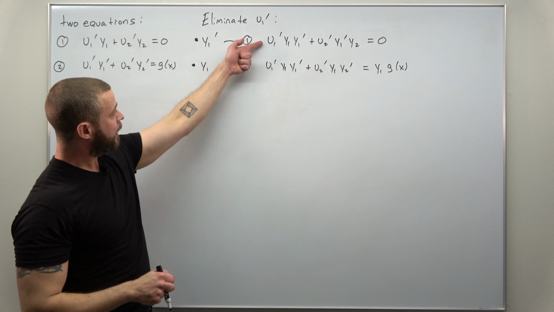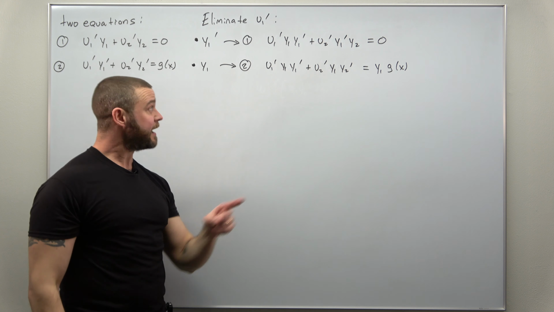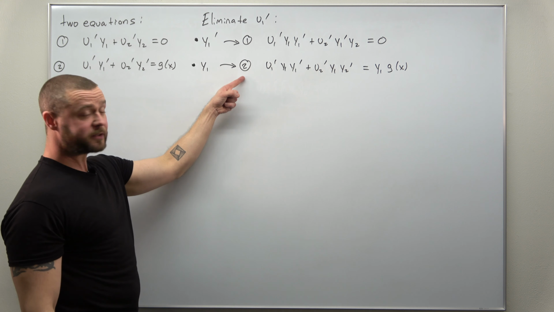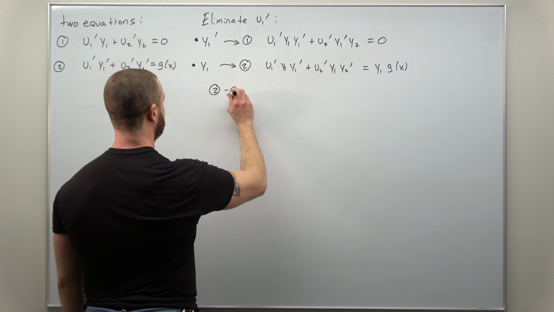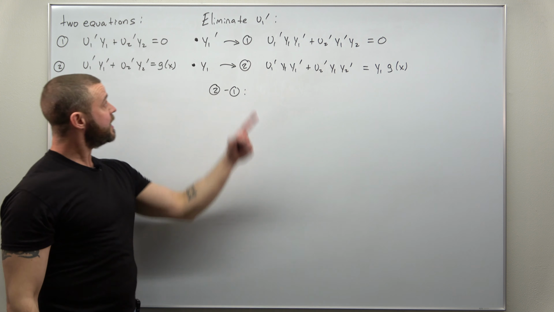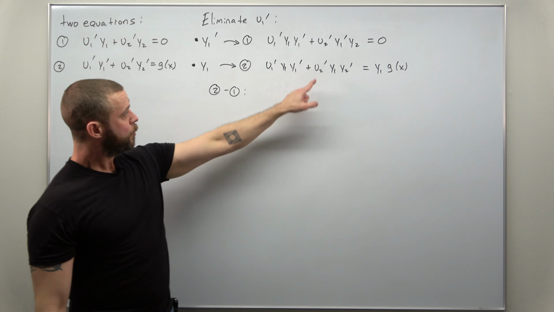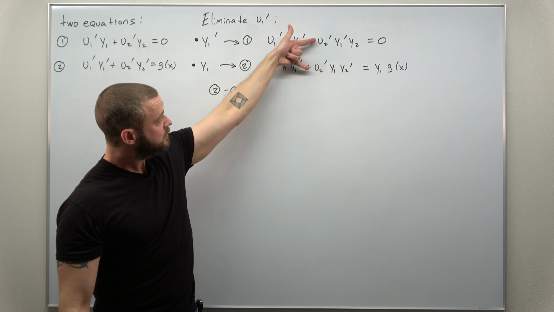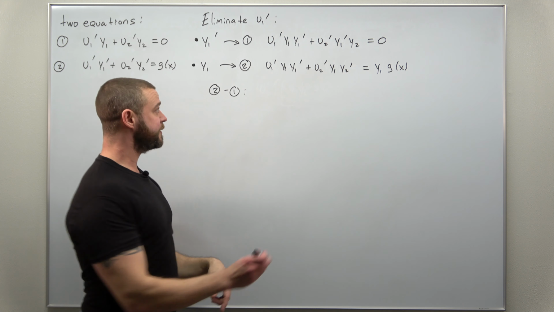All right, now our two equations here, the u1 prime term should have the same coefficients. So we're going to subtract them. Let's subtract 2 minus 1. And we should find that the u1 prime terms cancel out, which they will. We're going to be left with only u2 prime terms. Since they each contain u2 prime, when we subtract, let's factor that out.